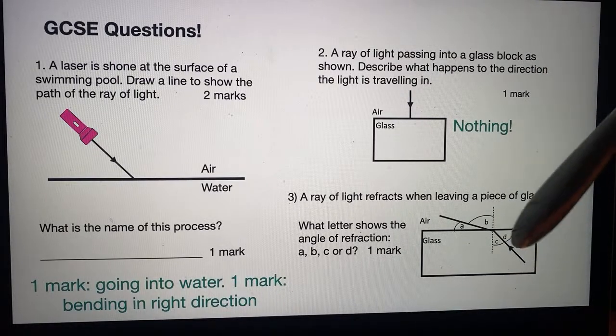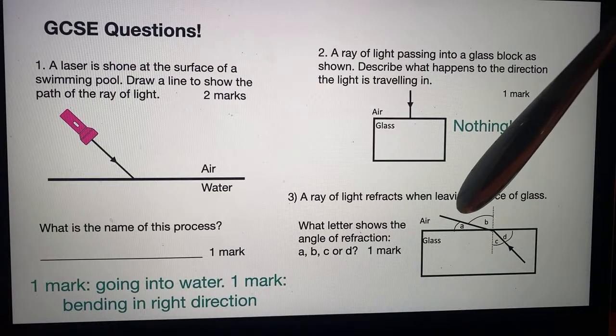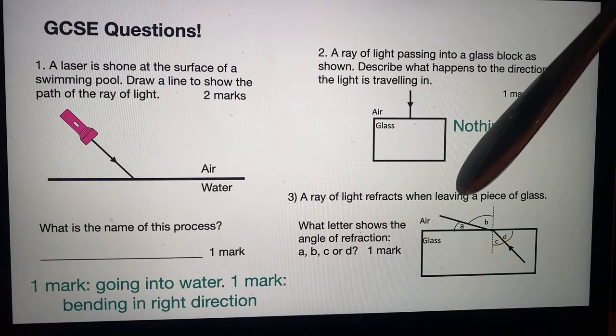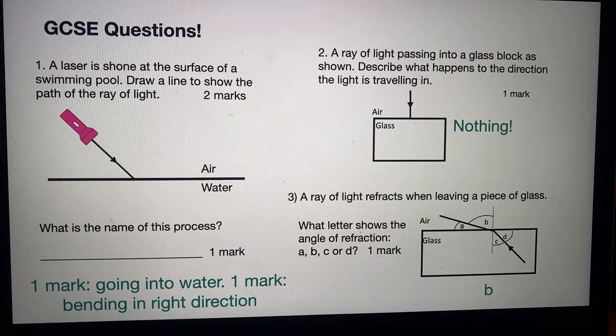So that's the incident ray inside the glass. That's the refracted ray. So the angle of refraction was the one between the refracted ray and the normal. So it was B. But if you said C, then that's probably good because they've tricked you and they won't trick you again if you ever actually do the exam.